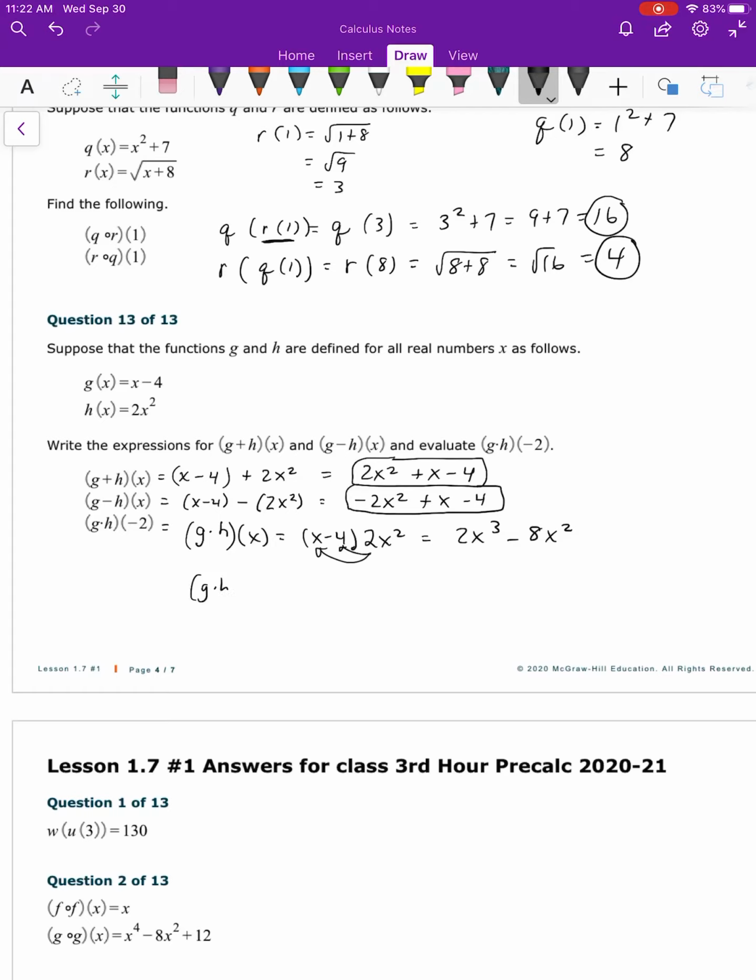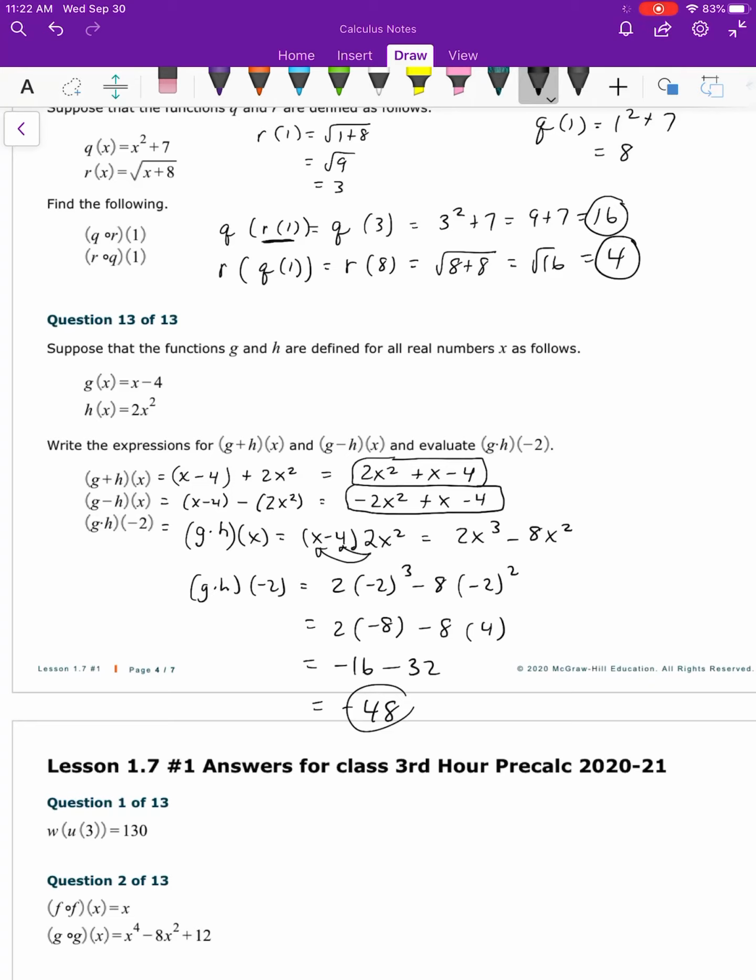And then I want to find G times H of negative 2. So that's 2 times negative 2 cubed minus 8 times negative 2 squared. So 2 times negative 8 minus 8 times 4, negative 16 minus 32, negative 48 for that last one.